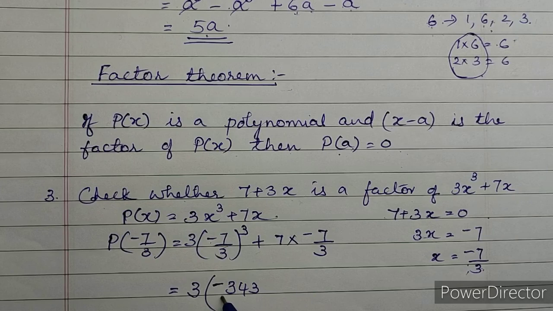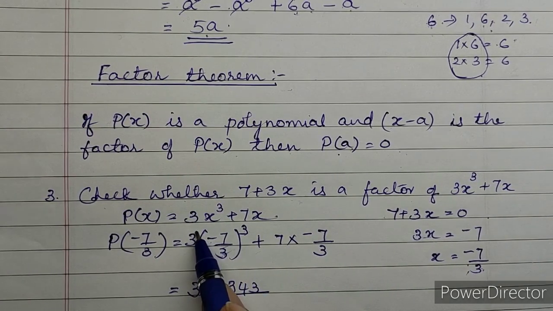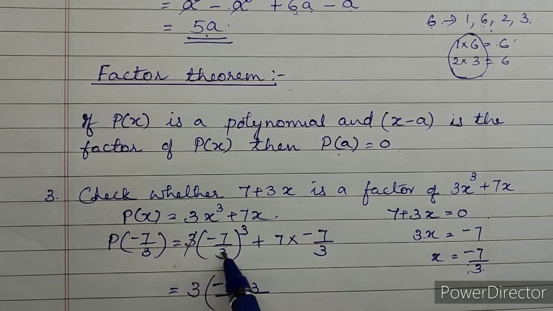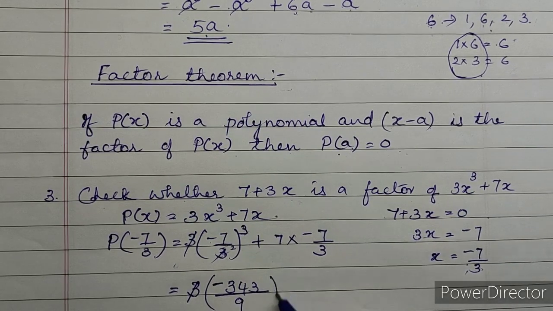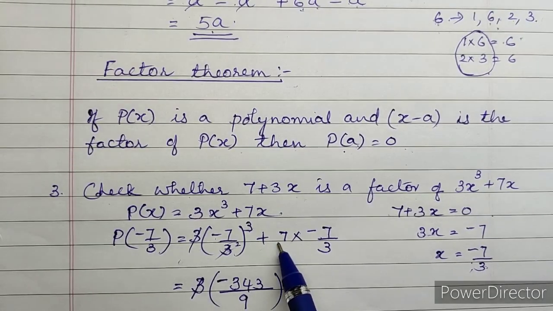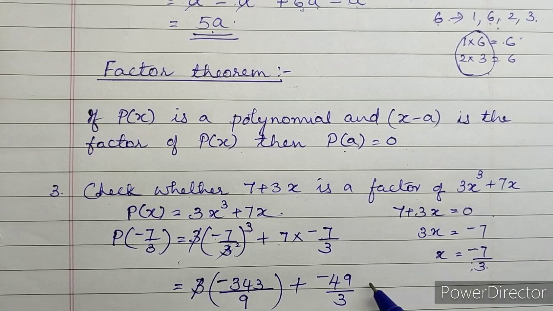So negative 343 divided by 3 cube here. So this 3 and 3 here you can cancel. So remaining it will be 3 square here, which is 9, plus negative 7 into 7, that is negative 49 by 3.